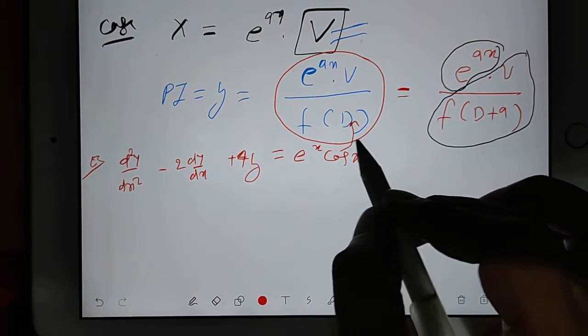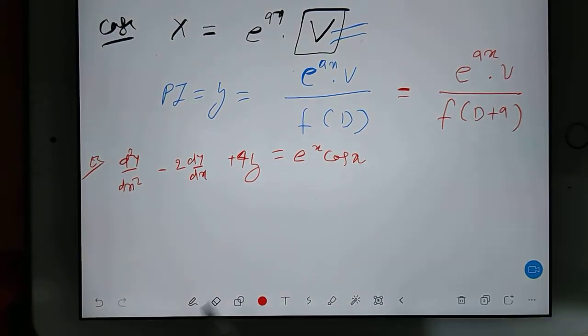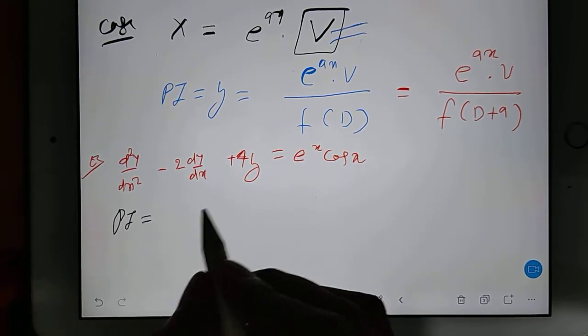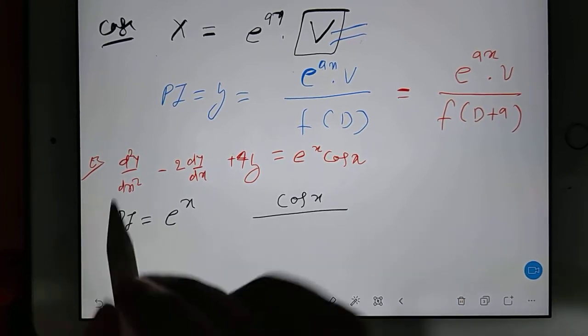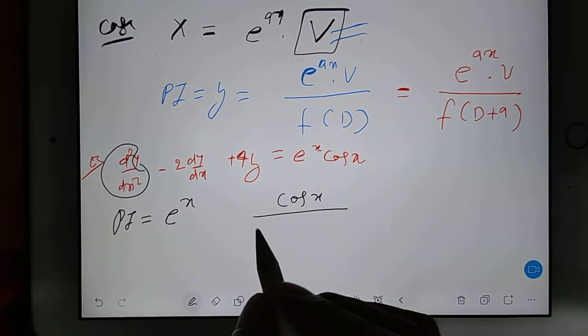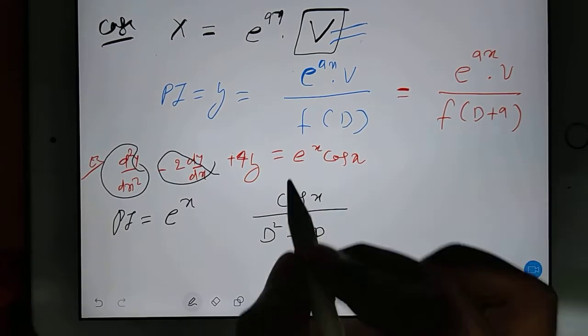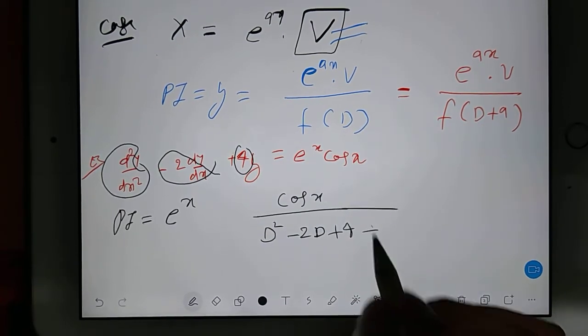Now you can see cos x is in multiplication. So directly you find out PI. Your PI will be e power x. You don't operate that. You operate only cos x, whole divided by, here it is D square, here it is minus 2D, and here it is plus 4, and add a also.